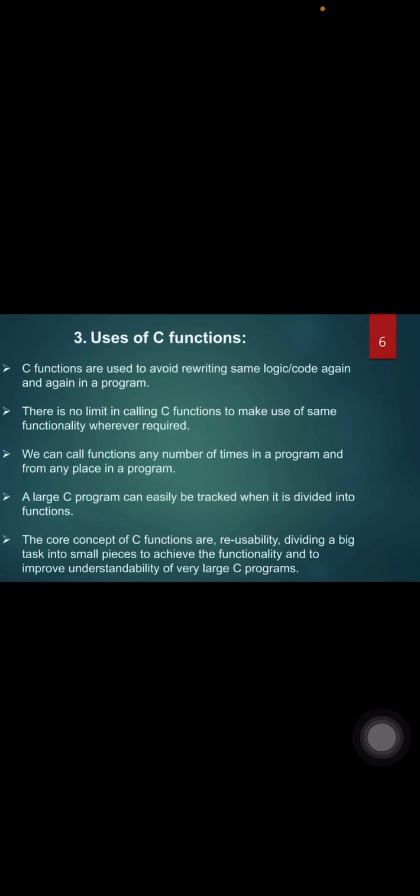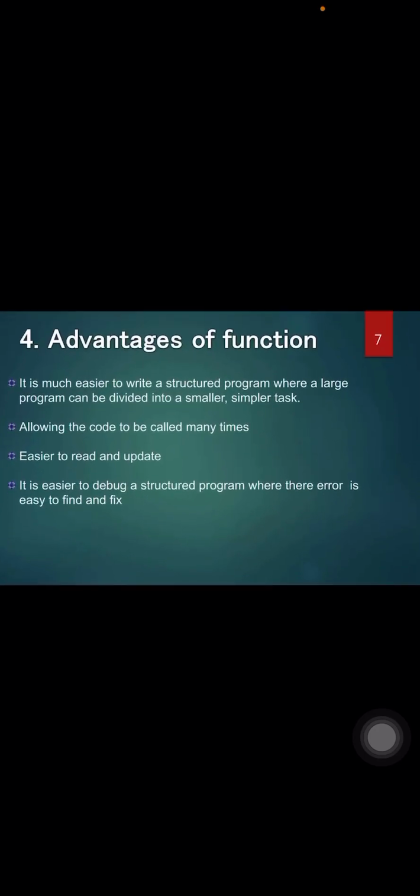Mainly this gives the idea of reusability and increases the understandability of the developer and the user also. So it becomes very easy to write a structured program by dividing a large program into pieces. Another thing we have discussed is that by allowing the code to be called many times, we can update and read it easily, and debugging becomes easier. We can easily find and fix the errors.